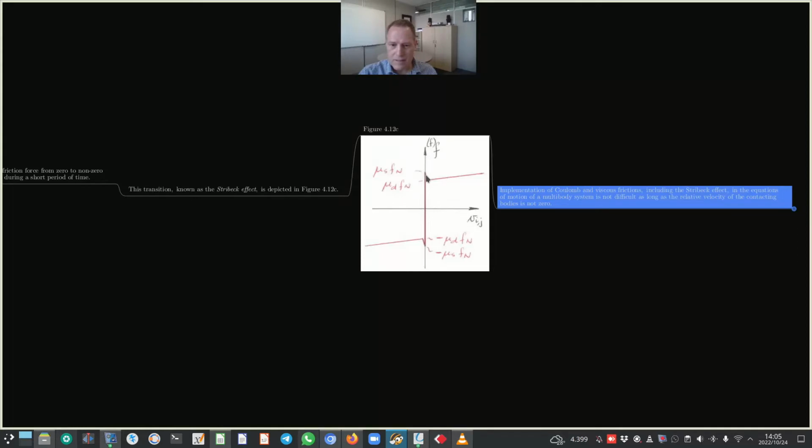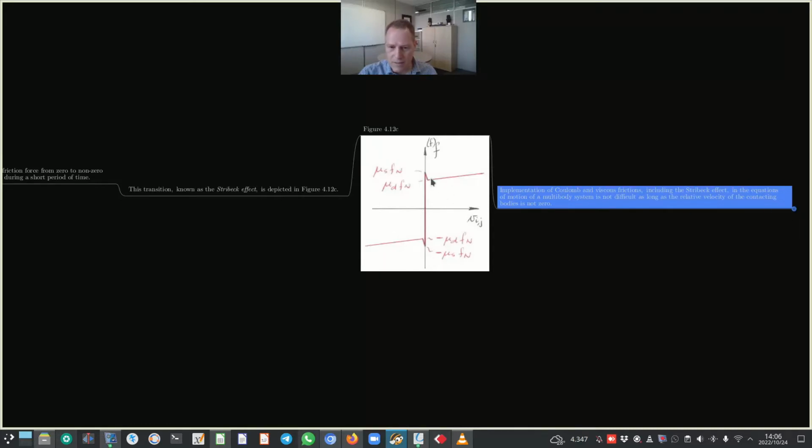Okay, and obviously this vertical line here is where the relative velocity between bodies i and j is zero. So what we're saying here is, as long as the velocity is not zero, modeling Coulomb and viscous friction, including the Stribeck effect, is not difficult.